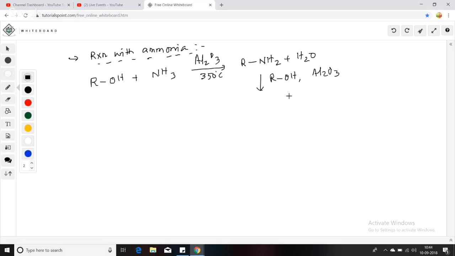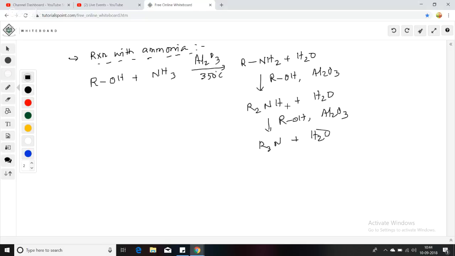Since all the nitrogen hydrogen bonds are polar, again if you react with ROH, Al2O3, same temperature, again one more H2O molecule comes out and we'll get R2NH plus H2O. Okay. Now one more step if you go forward, ROH, Al2O3, will get R3N plus H2O. Okay.